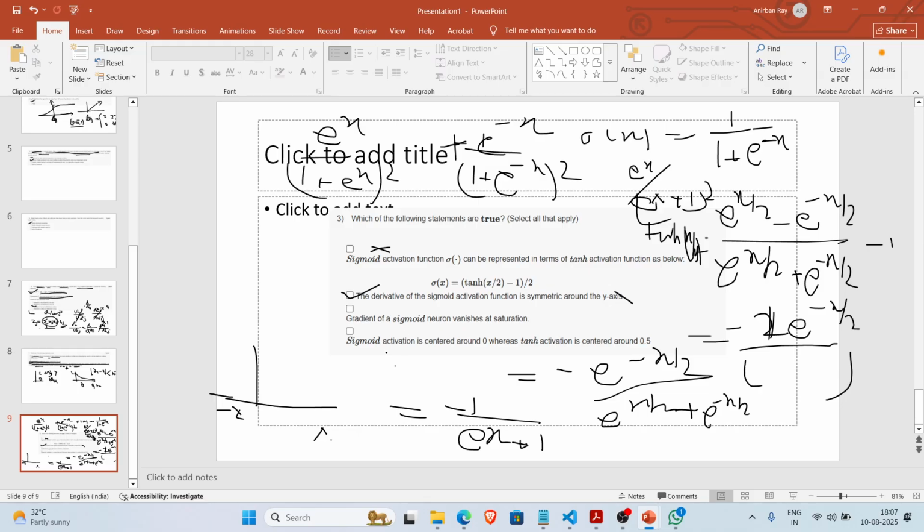Gradient of a sigmoid neuron vanishes at saturation. So the gradient is this one, or you can write it this way. Are you able to see, or is it too hodgepodge?